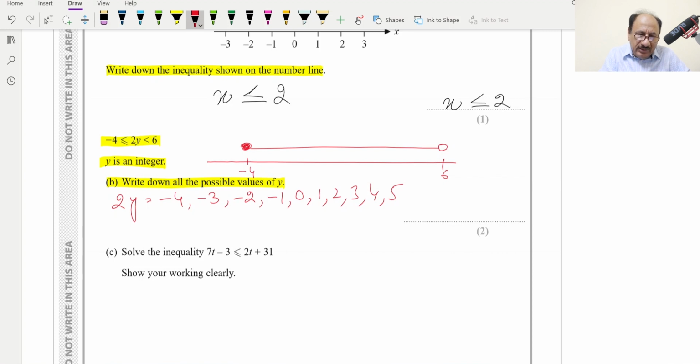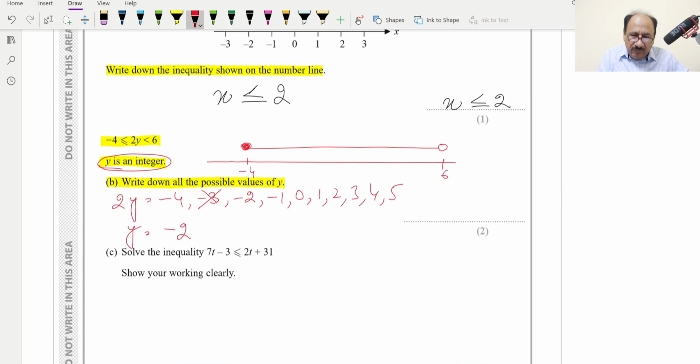Now y value should be integer. y is an integer, so y value will be what? y value will be equal to -4 divided by 2, we will get -2. So this is an integer, so we have accepted this value. But if we divide -3 by 2, we will get -1.5, which is not a whole number, so we will reject this one.